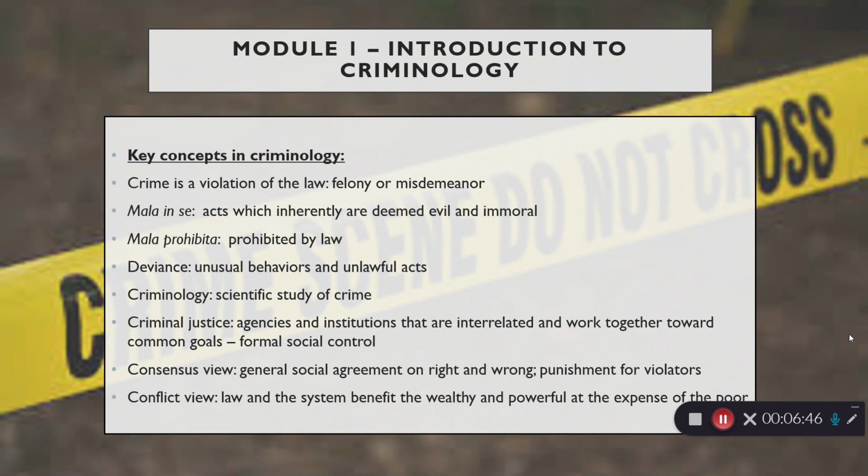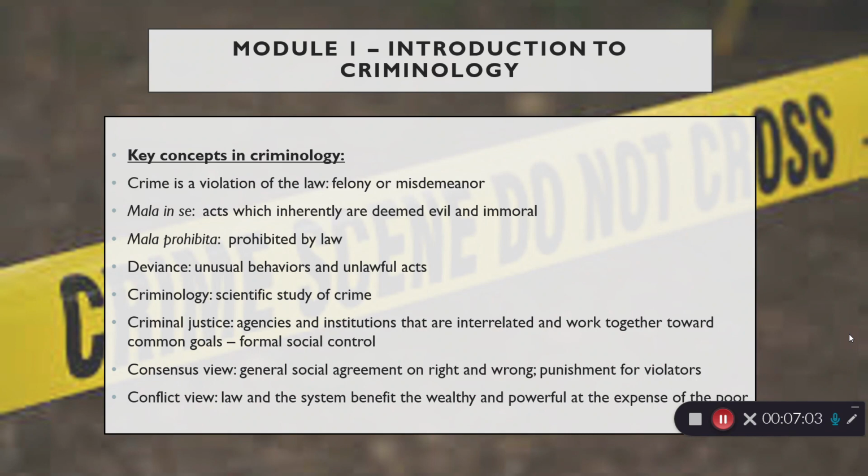The first one is what they call the consensus view. This is where we believe that the criminal justice system and criminology represent broad social agreement on what is right and what is wrong, that punishment is just for violators of those norms, those offenses.